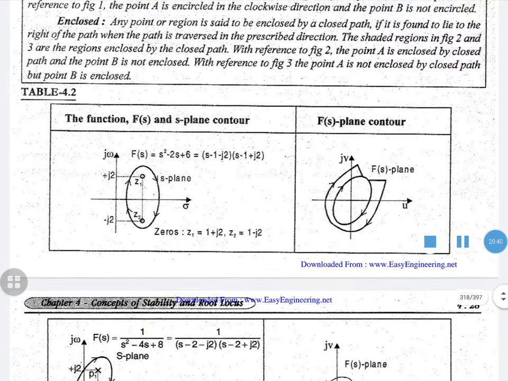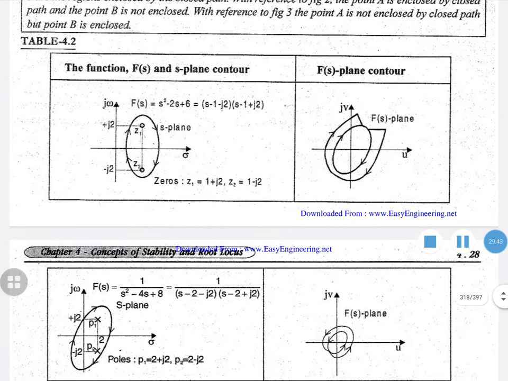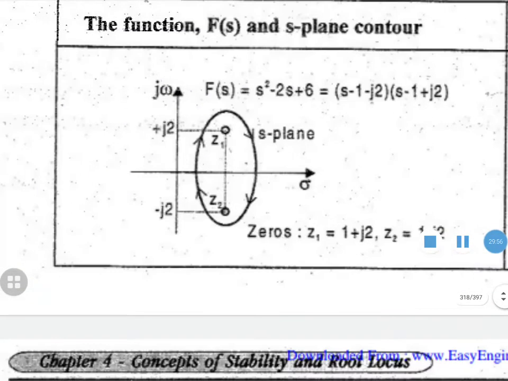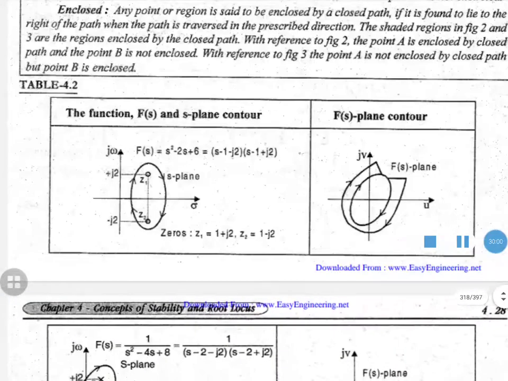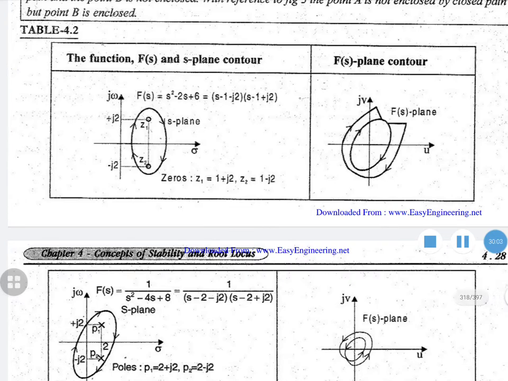Then this table, number 4, depending on the number of zeros and number of poles, we are standardizing the contour. If two zeros are there and they are enclosed in the s plane, as you can see here, then you have a contour with two encirclements in the clockwise direction.